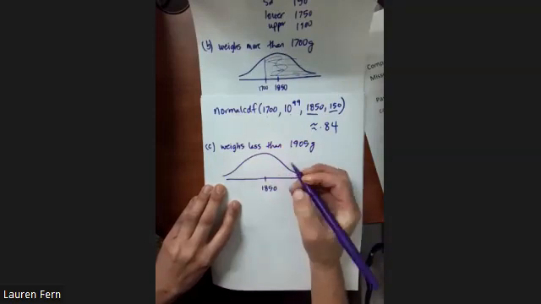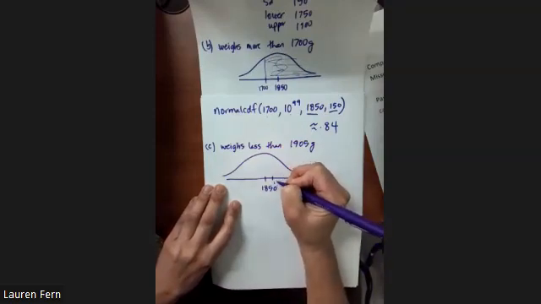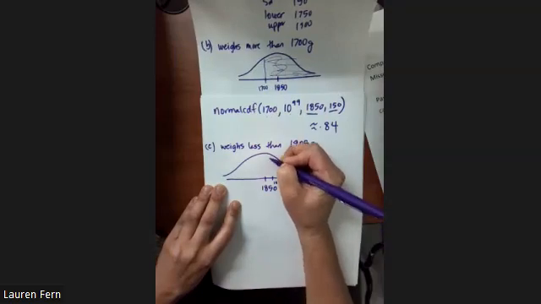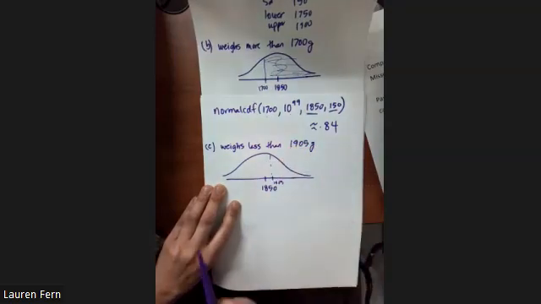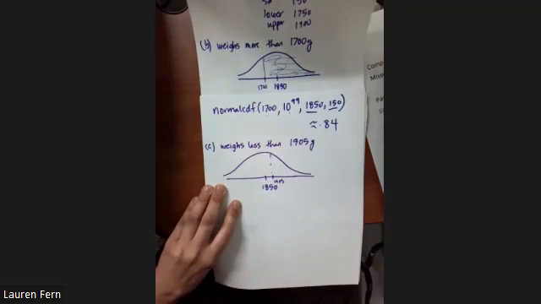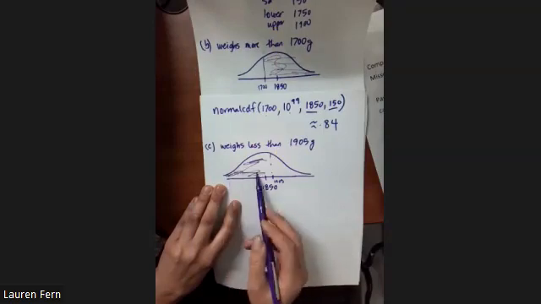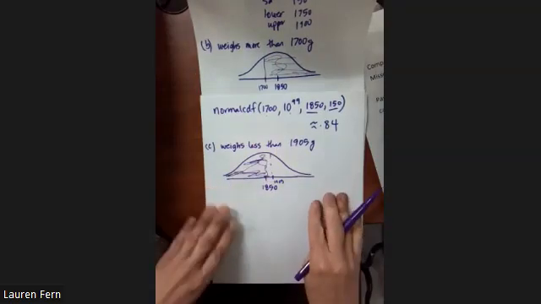So here's my mean, 1,850. Right here is 1,905. And which way am I going to shade here? To the left, because it's less than.